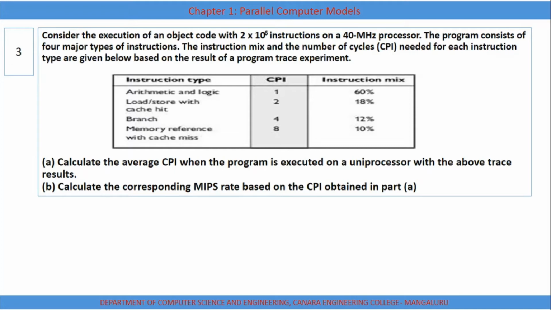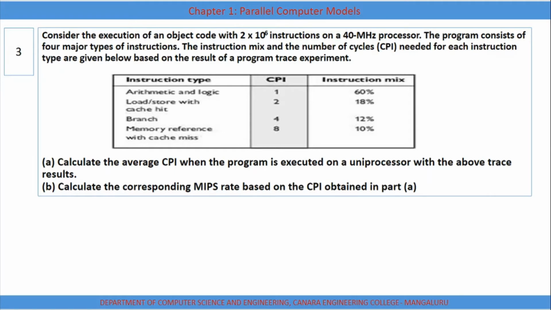The table gives the CPI as well as the instruction mix. The kinds of instruction considered are arithmetic and logic, load or store with cache hit, branch instruction, and memory references with cache miss.